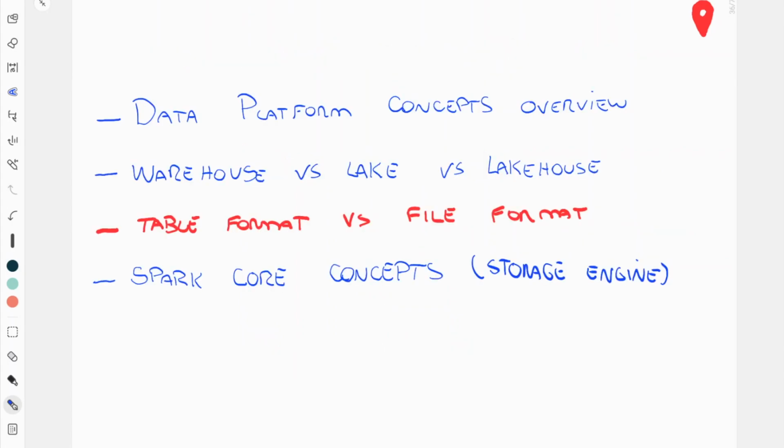The next topic is what is different between a table format and a file format, because we have said that the table format is the main difference between Data Lake and Lakehouse, but what is it actually?